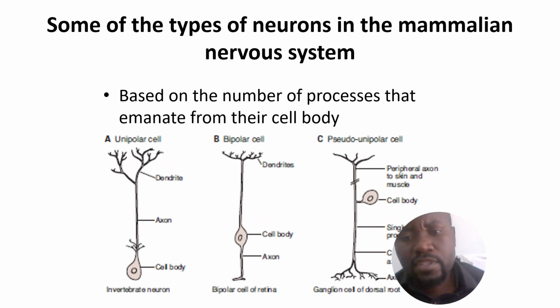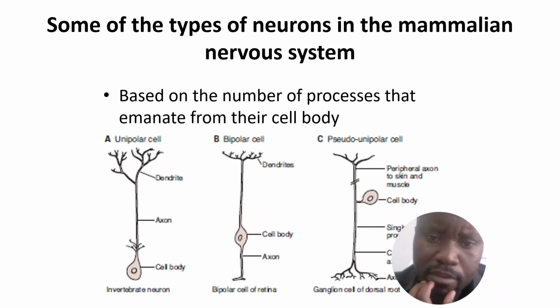We've also noticed that some neurons will have one process projecting from the cell body, and this divides into two. So this one is called pseudo-unipolar. It's a fake unipolar. In some literature, it is classified amongst the bipolar, but basically it's a pseudo-unipolar. It's a unipolar, but it is fake because its process tends to divide into two.